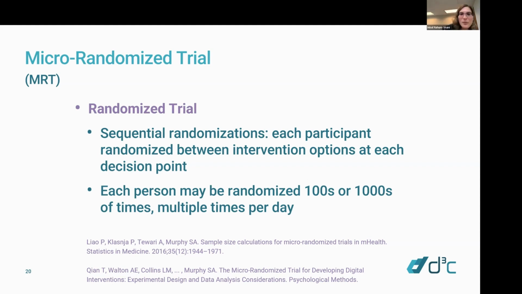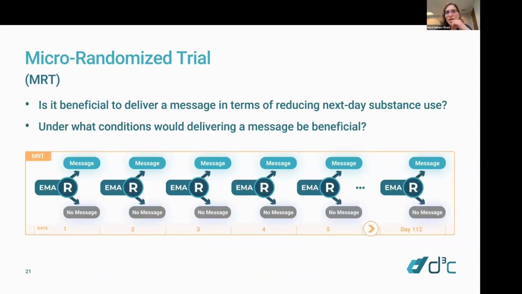Okay, for example, remember the questions that I have. I don't know if a message with a protective behavioral strategy on a daily basis in general is effective in reducing next day substance use and under what conditions. So what can I do? I can still collect every day data about the person's state and context with EMAs and with sensors.